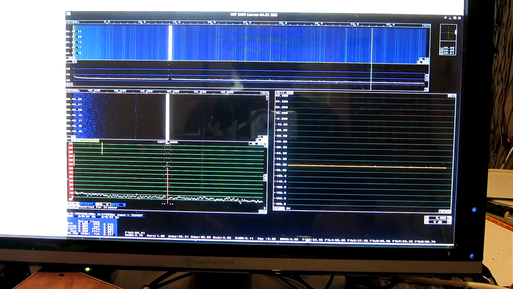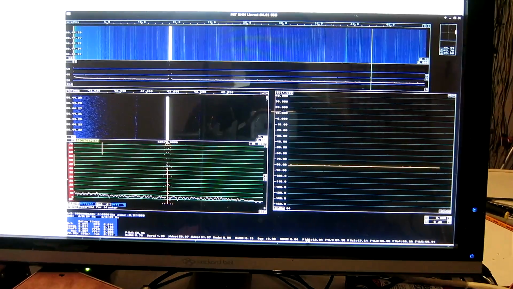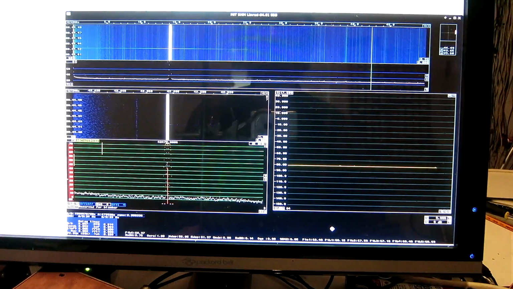I cannot say for sure that this is a distortion in the PCIe card. It could be also third harmonic from the low pass filter I'm using to get rid of overtones from the oscillator. These are Mini-Circuits filters. There could be iron in them. They could give the third overtone. This is something I don't know.